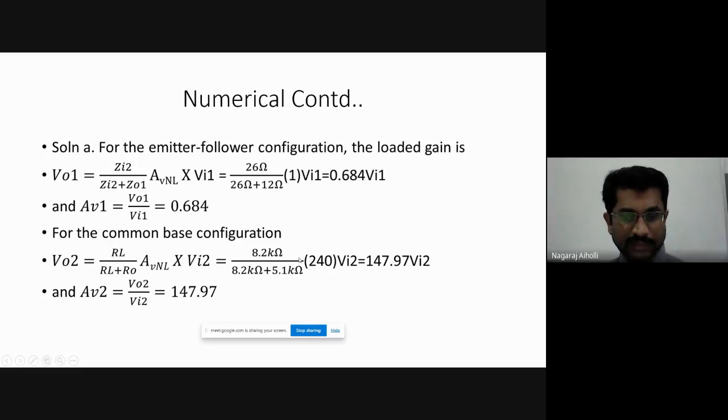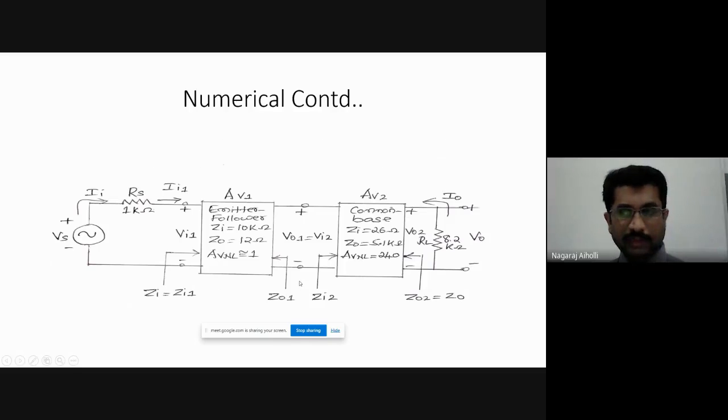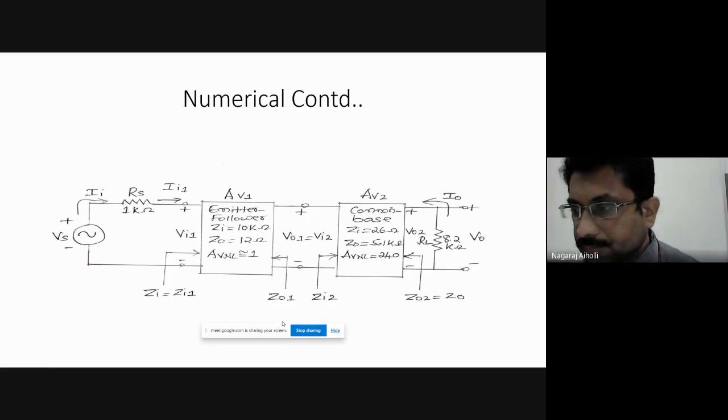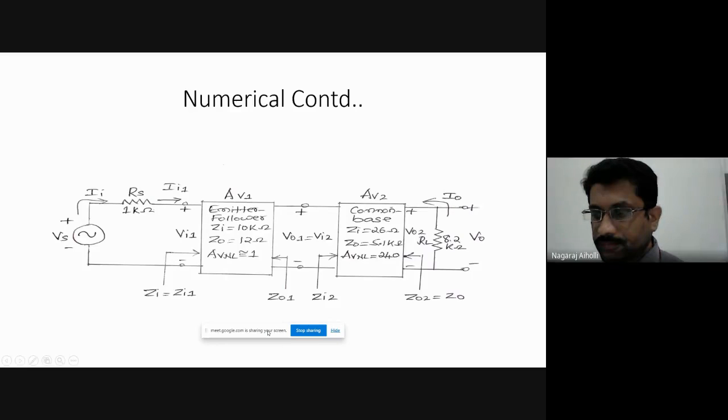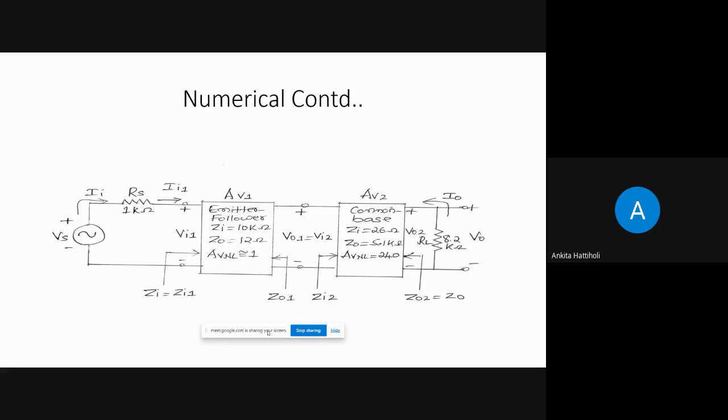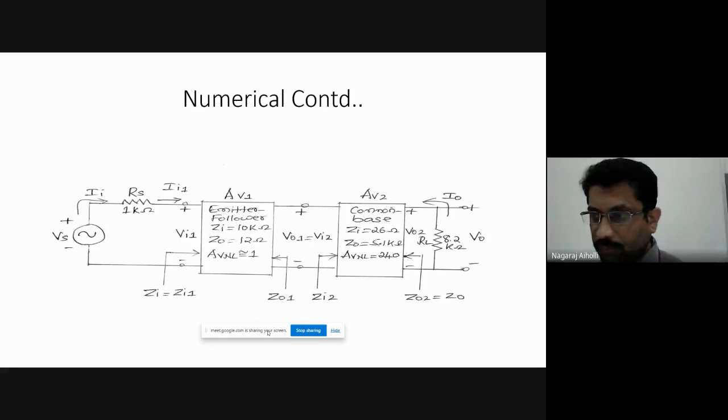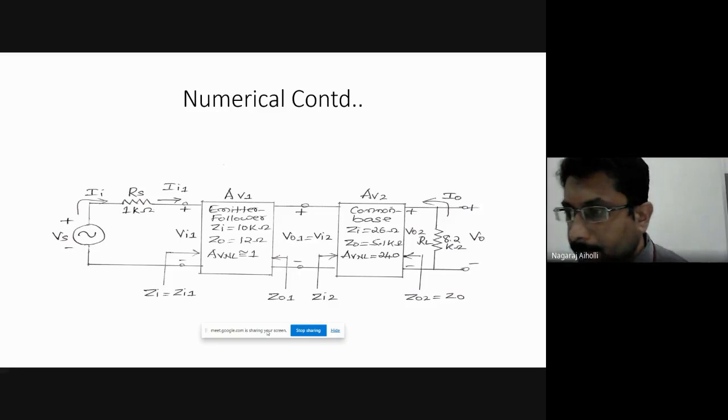Now simplify this and tell me how much you are getting. 8.2 kilo ohm into 240 divided by 8.2 kilo ohm plus 5.1 kilo ohm. Tell me how much you are getting. So that is 0.61. You are getting 0.61.